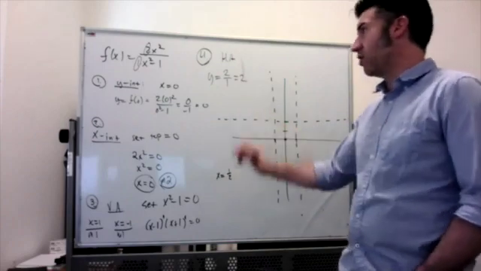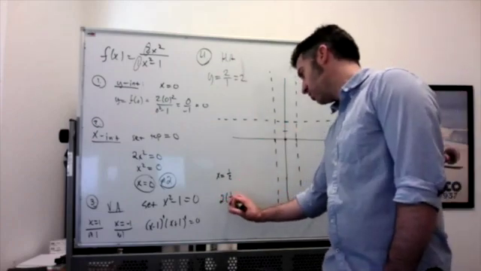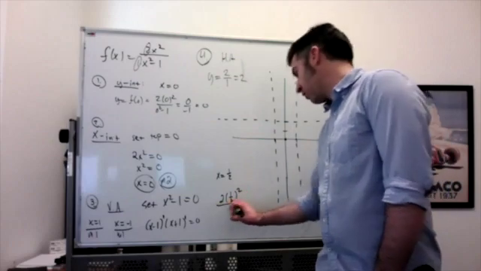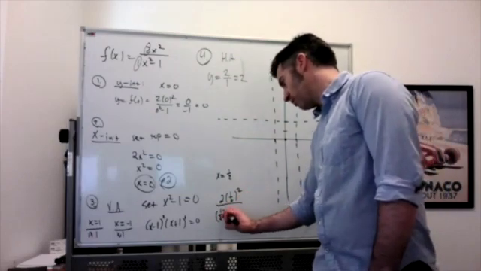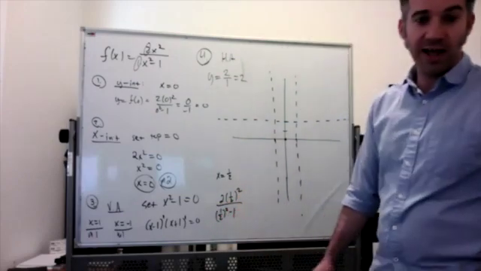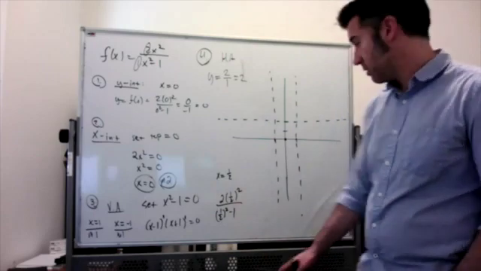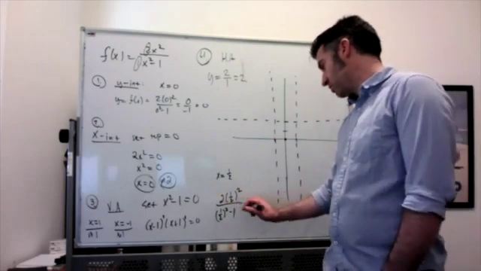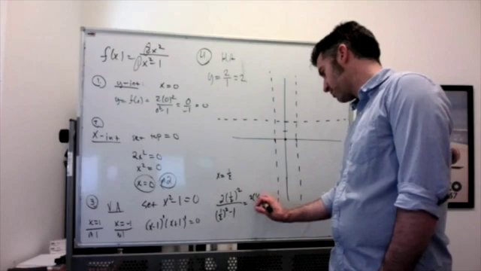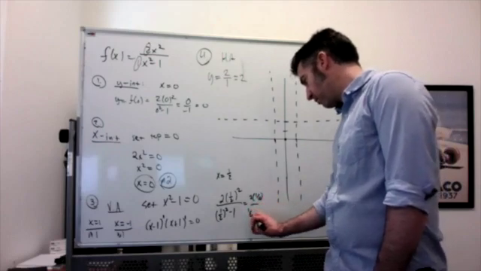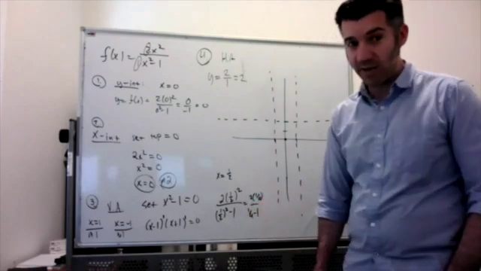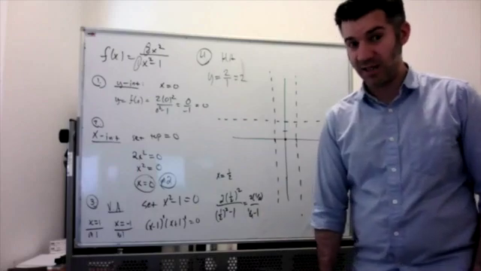If I plug in 1/2, I get 2 times 1/2 squared over 1/2 squared minus 1. 1/2 squared is 1/4. So 2 times 1/4 over 1/4 minus 1. I don't really care what the value is. I just care whether it's positive or negative.